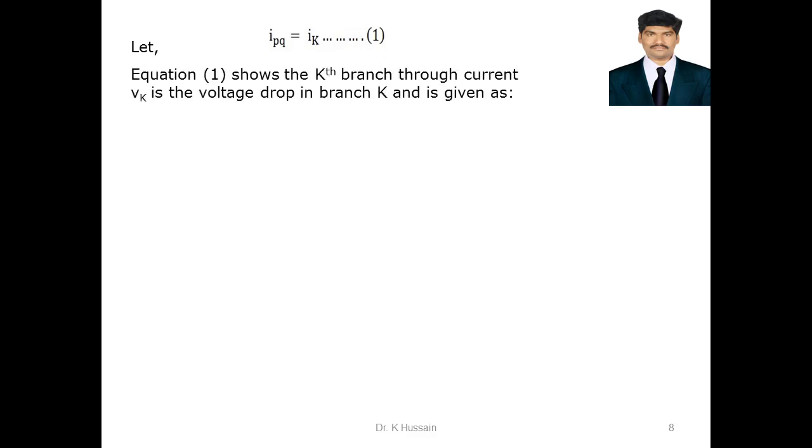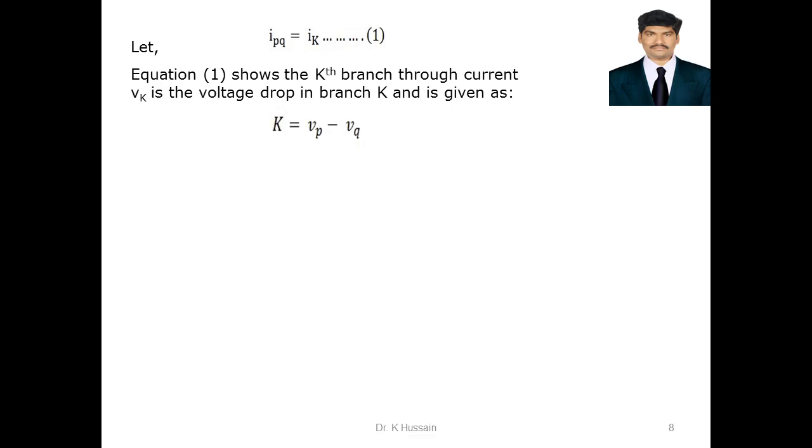First, equation 1 shows the kth branch current through that particular branch, and Vk is the voltage drop in that branch. After knowing these two, Vk and Ik, but Ik is nothing but IPQ, you are considering that. So what is the product here?